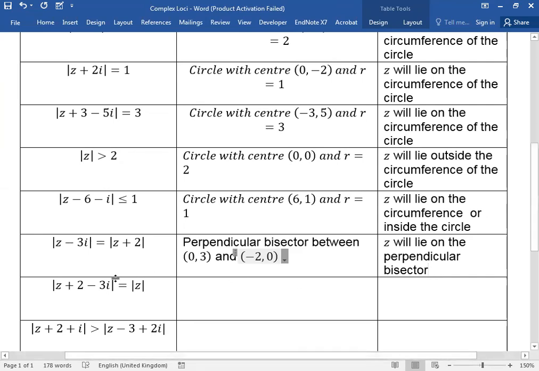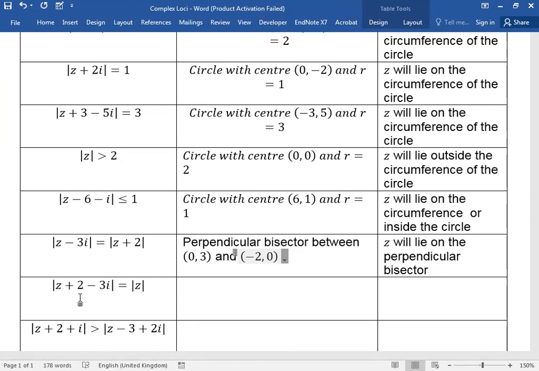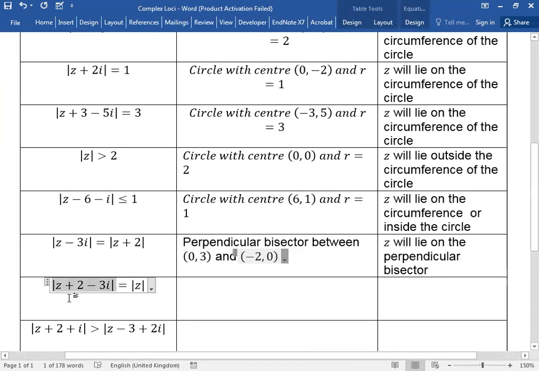What about this? What is this trying to tell you? The distance of z from -2 plus 3 iota is the same as the distance of z from the origin.